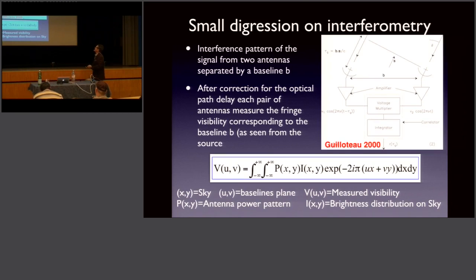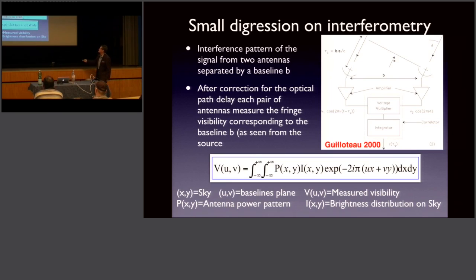So what you measure at the end of this correlation of the signal between the antennas is what we call the visibility function, which is the visibility of the interferometric fringes. And in the baseline space, the visibility depends on the baseline.